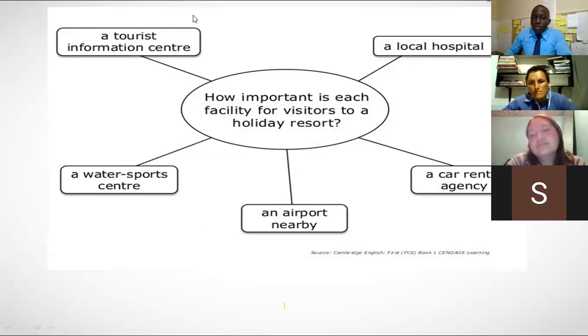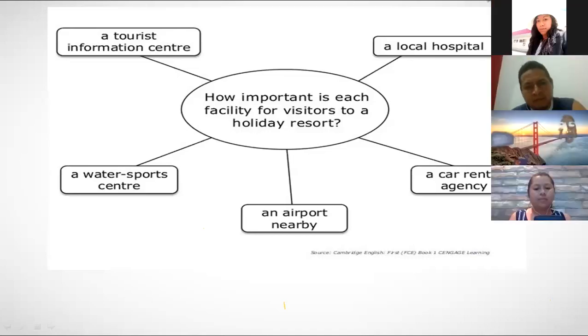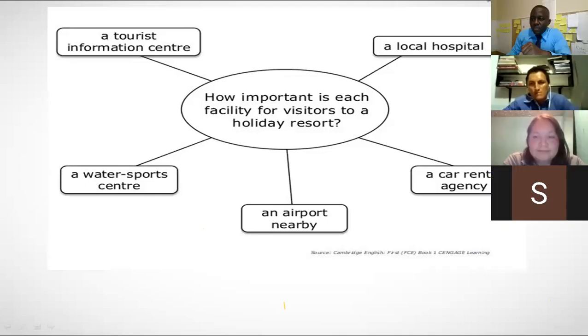Now, what I said, we have how important is each facility for visitors to a holiday resort. I said you have 1 minute, remember. So remember, we have only 1 minute to speak about this.